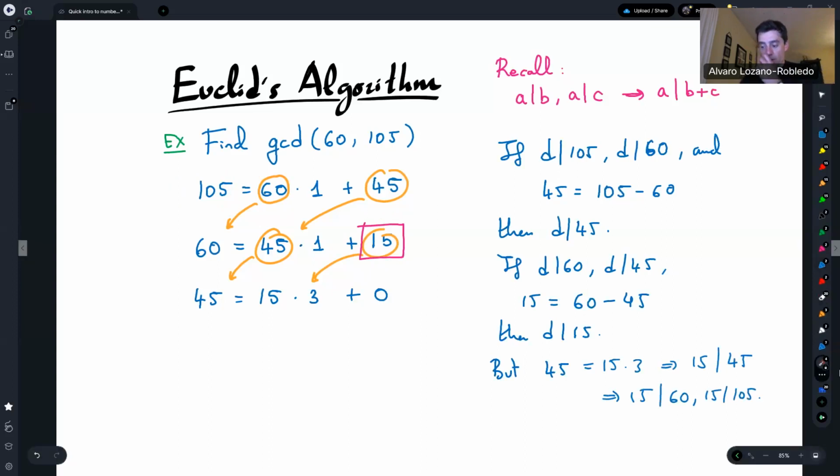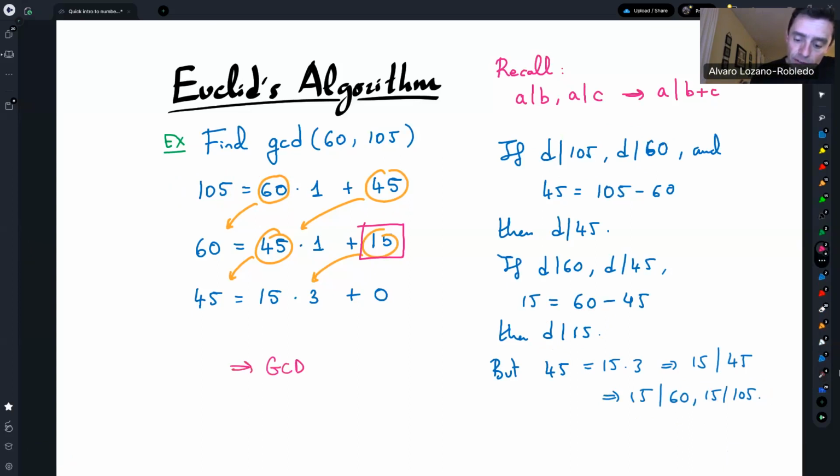So we get that any common divisor divides 15, but 15 is a common divisor, so that has to be the largest common divisor. Okay, so what we get out of all of this is that the GCD of 60 and 105 has to be 15.